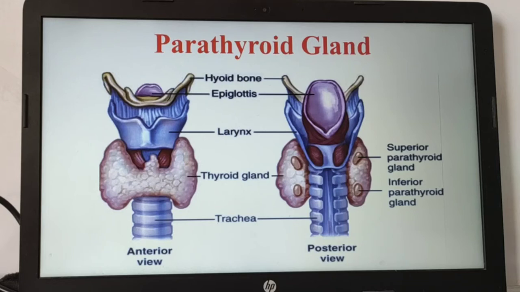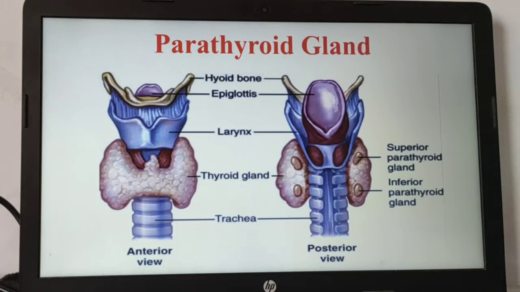Basically, in hyposecretion of parathormone, it decreases the concentration of calcium in the blood and results in muscle twitches or spasms, as well as increasing the excitability of nerves and muscles.